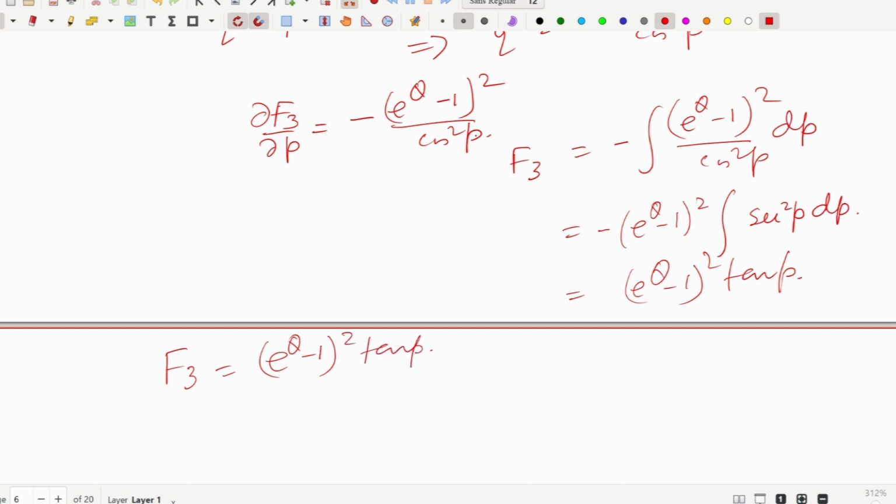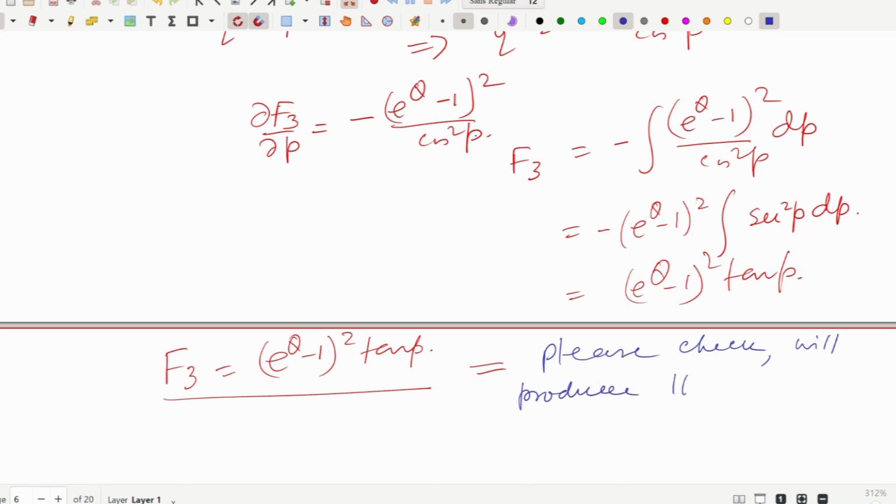Now I leave it as an exercise for you to check that this generating functional will produce the canonical transformations given above. Okay.